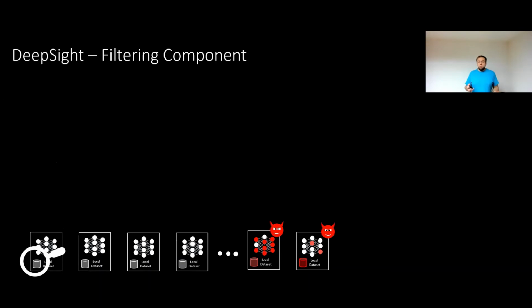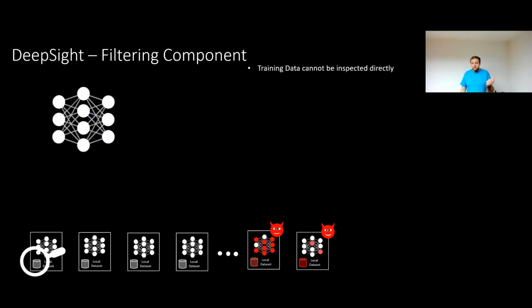But the clients won't reveal this data for privacy reasons. So we need to take actually the second best option, the models that are trained on this data. Here we invented two techniques to actually analyze the models for information about the used training data.